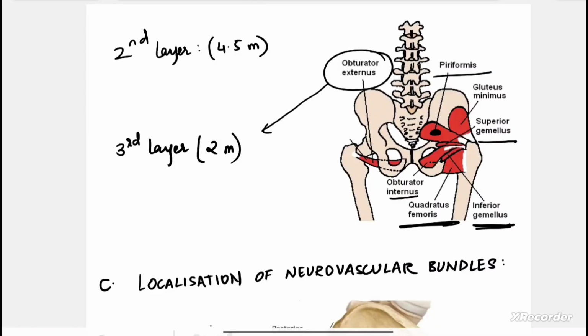Now, the third layer is the full layer of gluteus minimus and the obturator externus muscle.